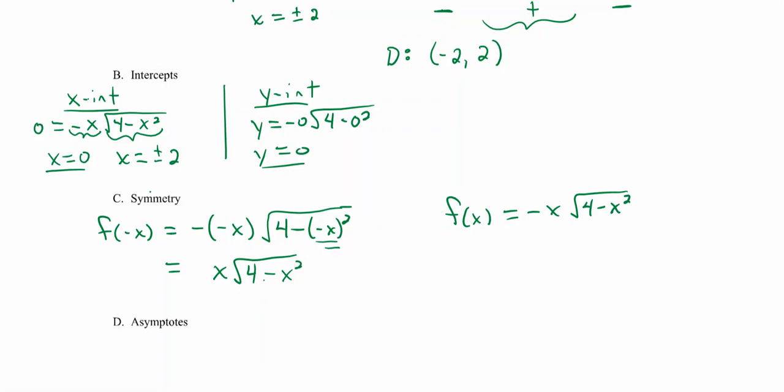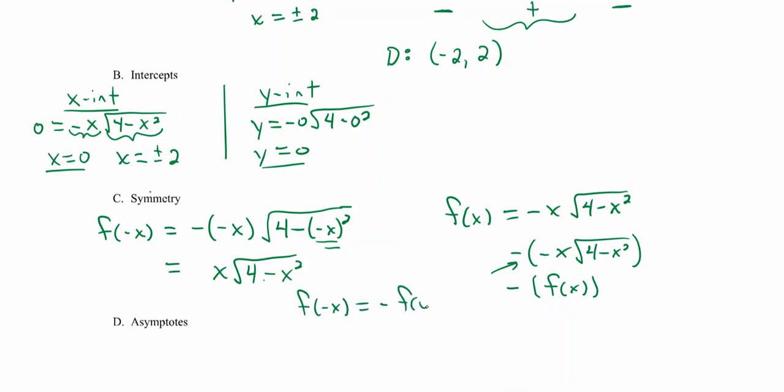Do you see that in this case, this would be the same thing as going negative times negative, so positive square root of 4 minus x squared? So negative f of x. That's the same thing we got going on here, because that would simplify to the same thing. So we have f of negative x is equal to negative f of x. So this thing has odd symmetry.